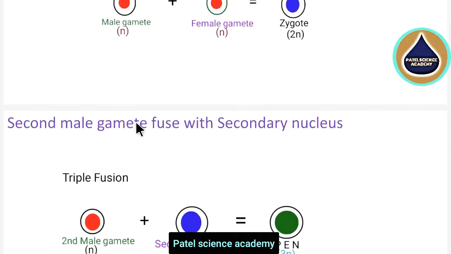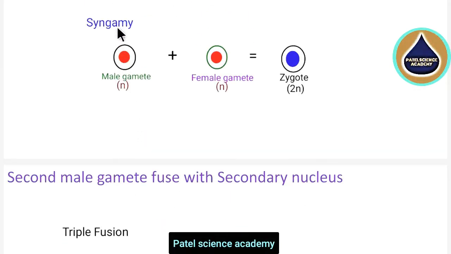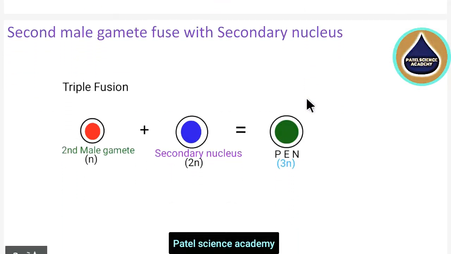So what happened with the first fertilization? By the syngamy process, the formation of the zygote by the fusion of the first male gamete with the female gamete. This is diploid formation, zygote. And what happened with the second male gamete? Second male gamete fused with the secondary nucleus to form the triple N structure, PEN, primary endospermic nucleus.